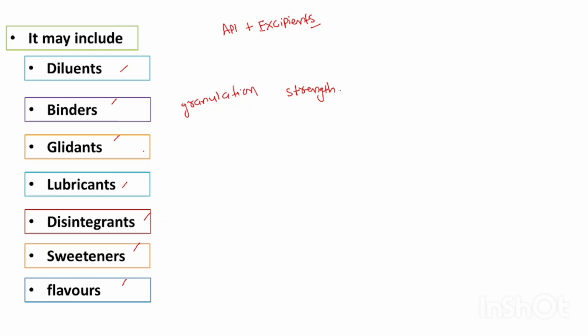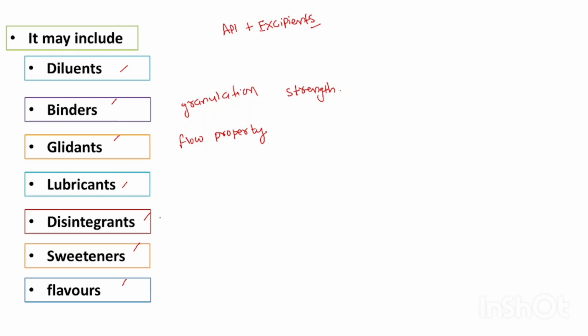Next, glidants. These increase the flow property. To increase the flow property, we need to add glidants. Lubricants give smooth movement in case of dies and punches.